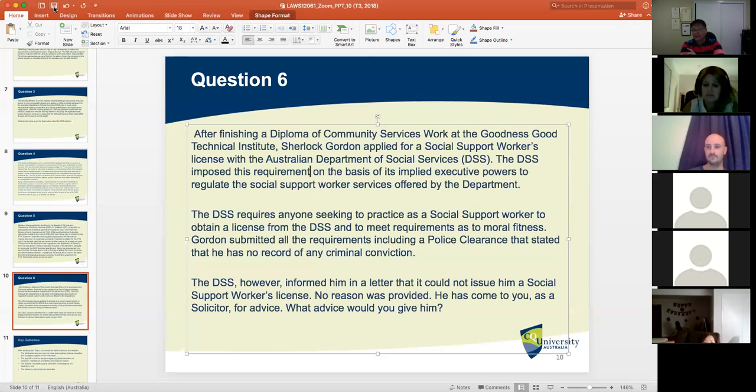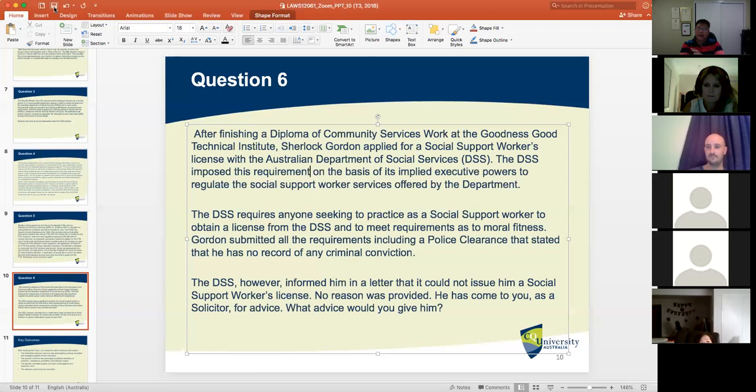No, but of course you're going to ask, you're going to exercise your rights perhaps under Section 13, but you couldn't because the ADJR Act does not apply. But it doesn't prevent you anyway from complaining that the decision of the decision maker is unreasonable. Why would the decision maker refuse to issue a license when it is clear that Sherlock Gordon meets all the requirements?